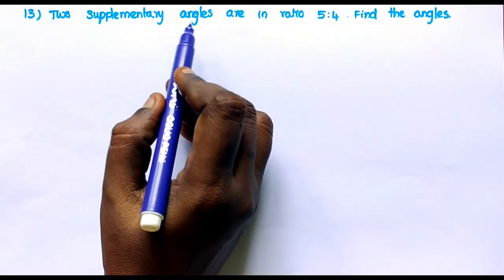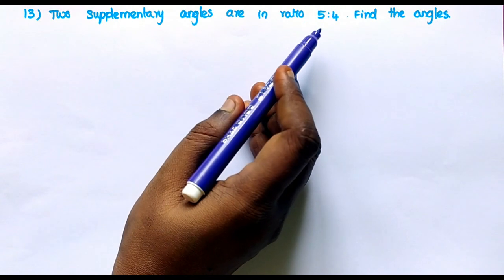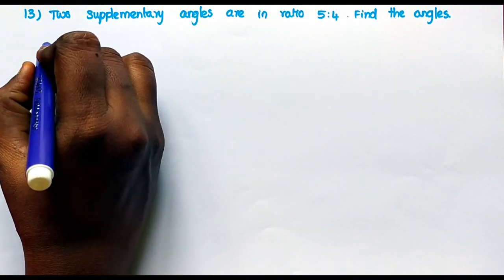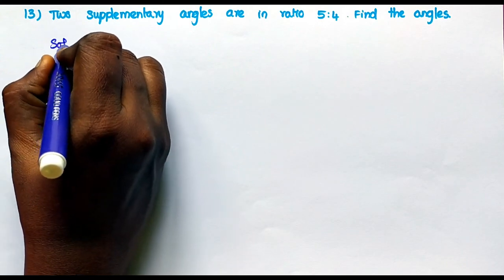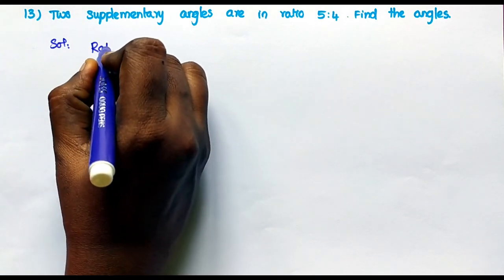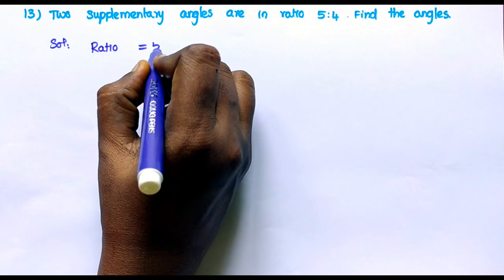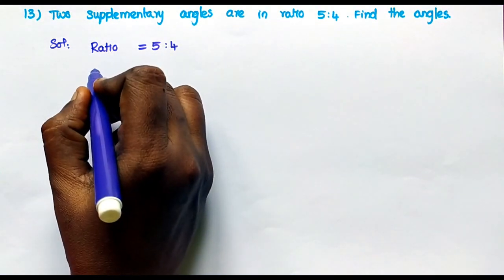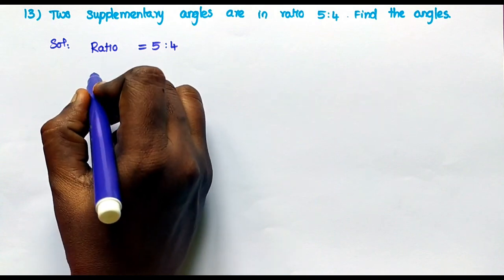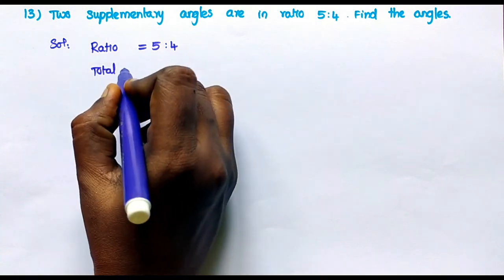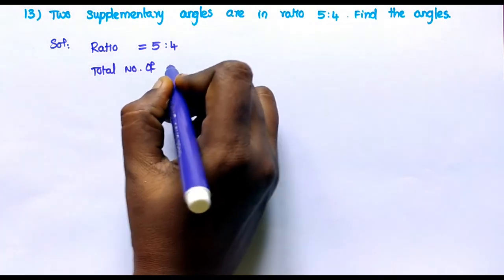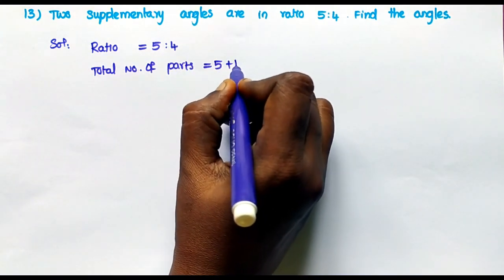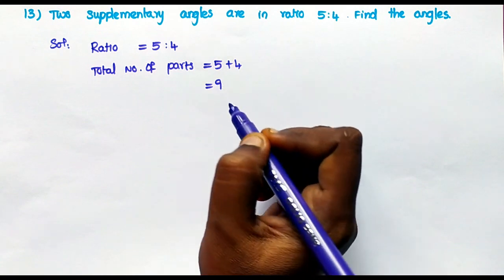Two supplementary angles are in the ratio 5:4. Find the angles. Like the last sum, they given the ratio. Ratio equal to 5:4. The total number of parts equal to 5 plus 4, that is 9 parts.